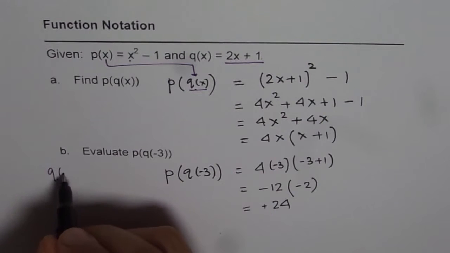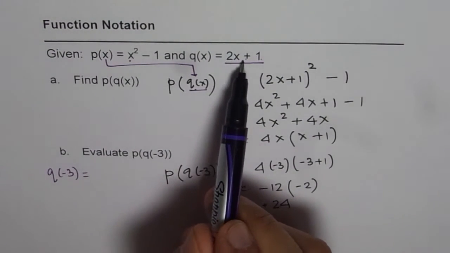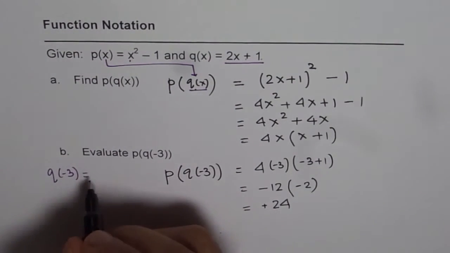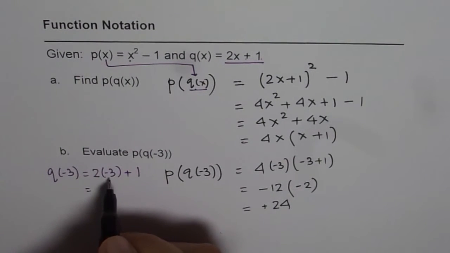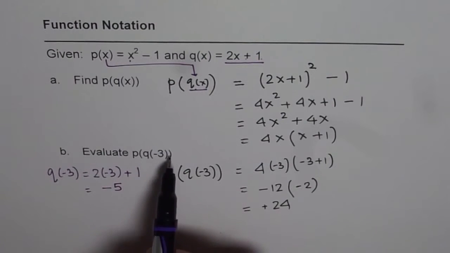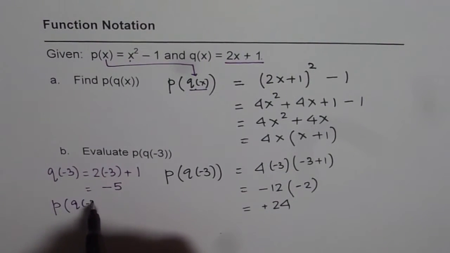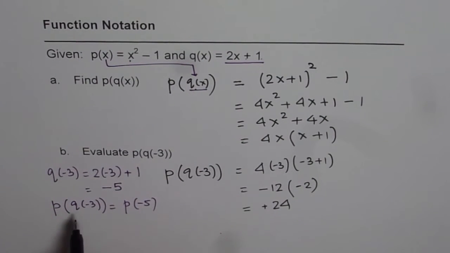So what is q of minus 3 equal to? The function q of x is equal to 2x plus 1. In this, substitute x as minus 3. So we get 2 times minus 3 plus 1, which is minus 6 plus 1, equal to minus 5. Now when we say p of q of minus 3, we could write this as p of minus 5, since q of minus 3 is minus 5.